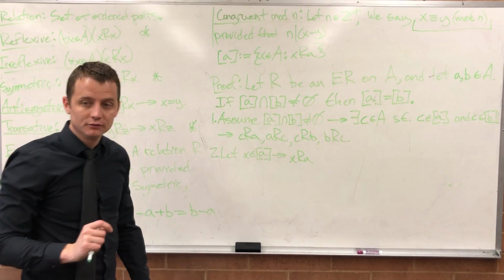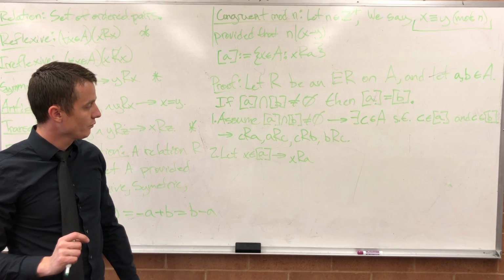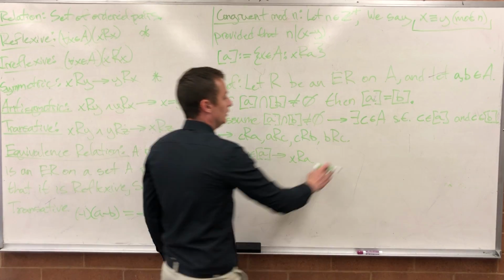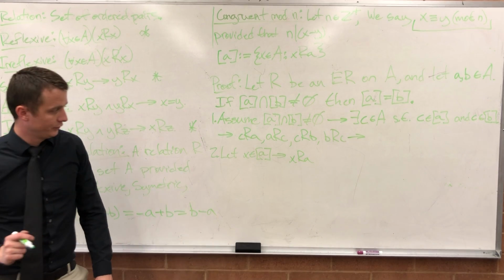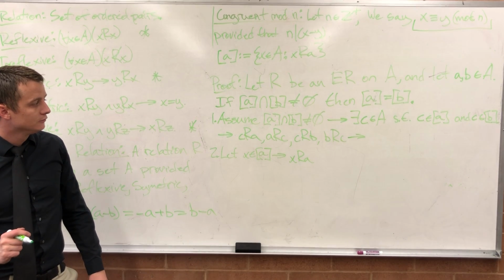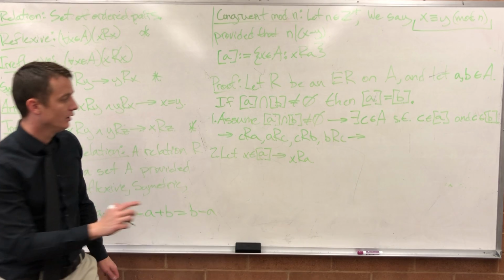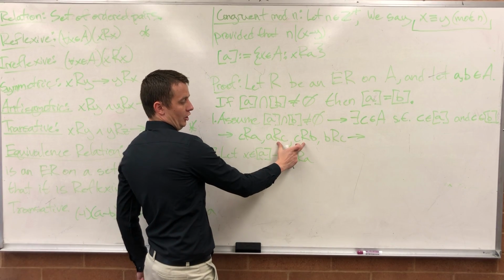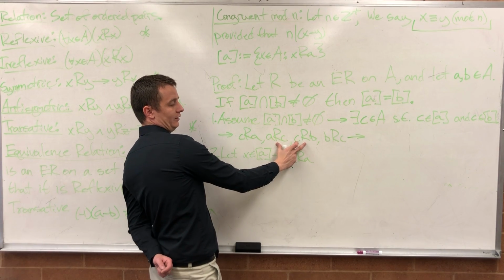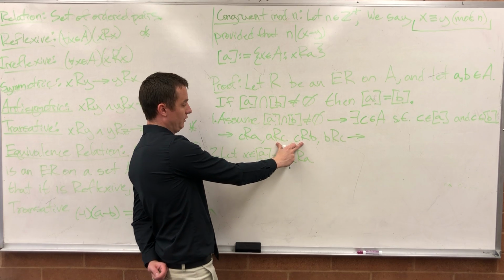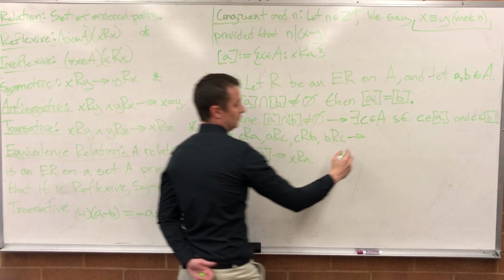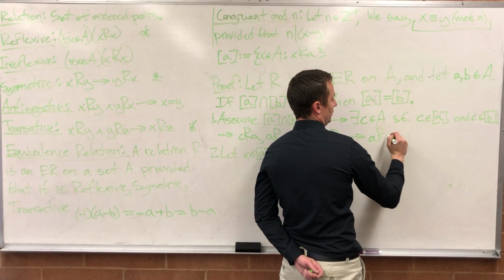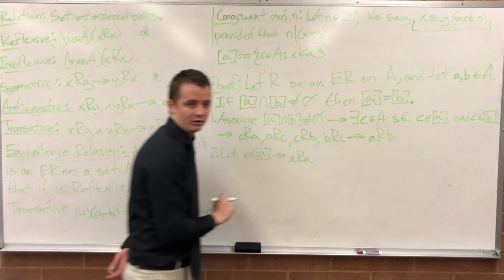Because c is related to A and c is related to B, then A is related to c and c is related to B, so A is related to B. Since R is transitive, we know from these two that A is related to B, right? So he wants to put that information up there as well. So we also know that.